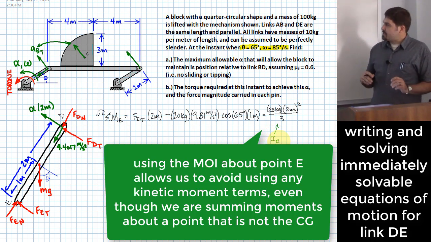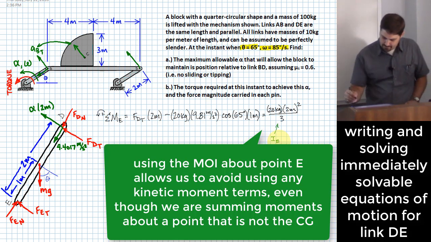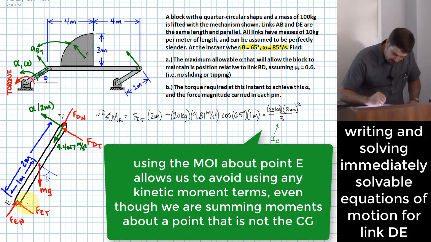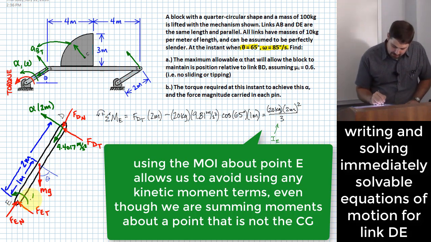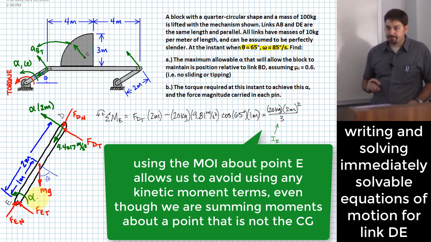But that's not enough yet. What else do I need? Well, I happen to know alpha as well. Alpha is going to be the same for body ED as for body AB.